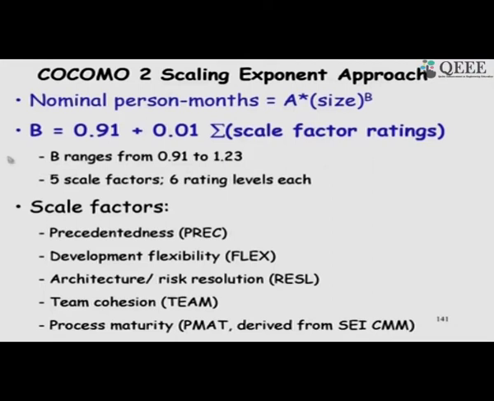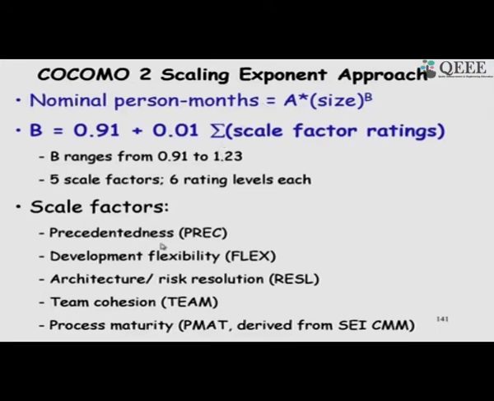So, b can range depending on whether it is 0, in that case it will be 0.91. So, the person month will be low here. It can be 1.23, where the person month will be much larger.